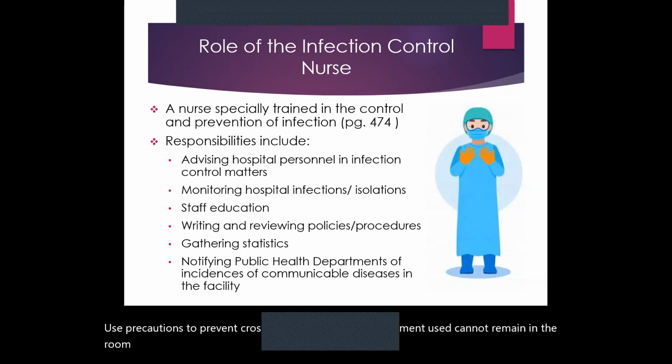So some of their responsibilities: advising hospital personnel in infection control matters, monitoring hospital infections and isolations. Again, they provide staff education, and then writing and reviewing policies and procedures, gathering stats, and then any type of communicable diseases, they actually have to notify the health department. That is their role there within the hospital.